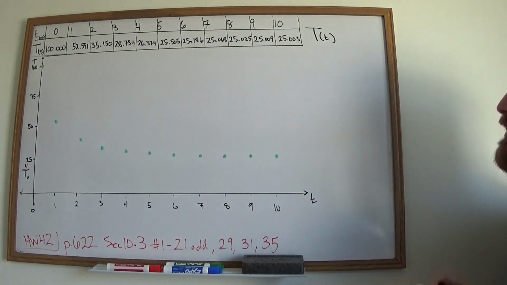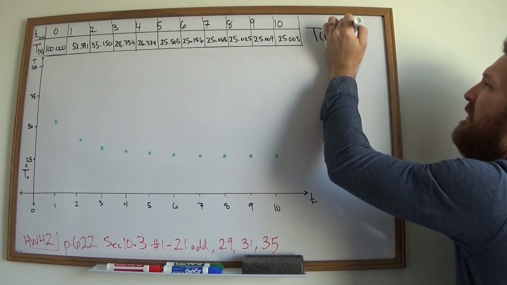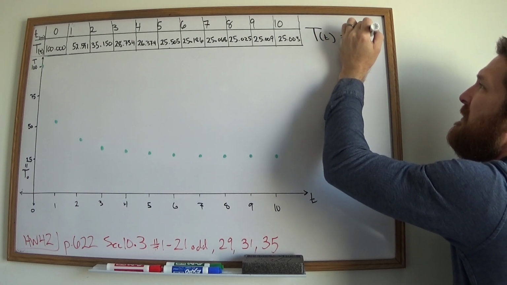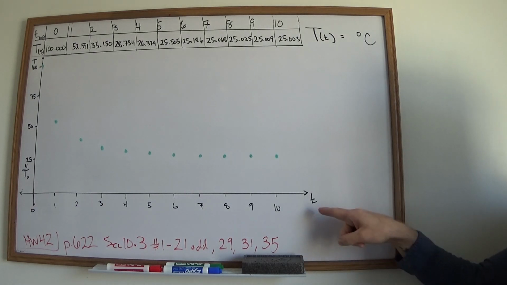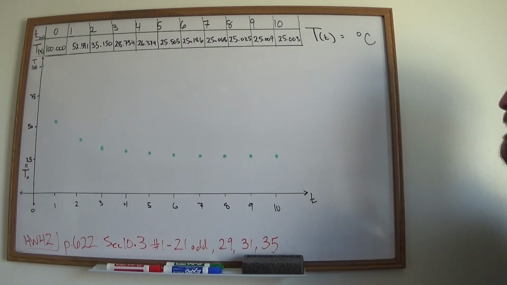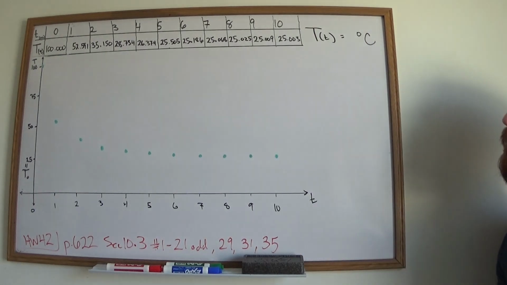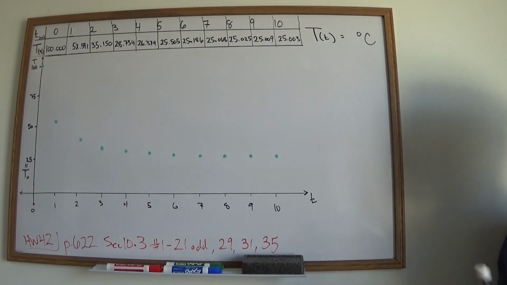T of t. Big T, in other words, degrees Celsius. The output of this function should be degrees Celsius given some input little t time in minutes, right? That's what we want. And there are about 1,000,000,001 ways of doing this.